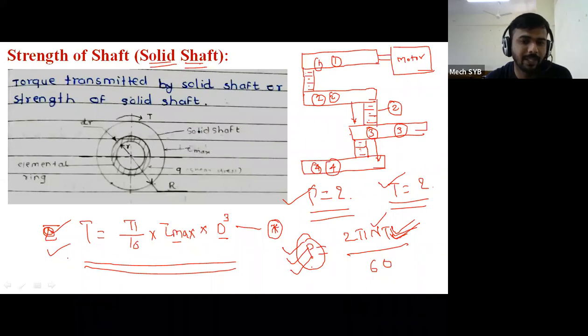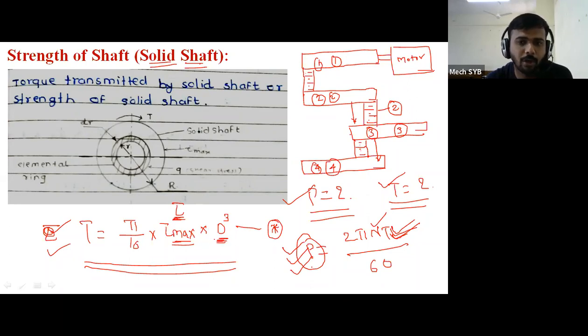Like that, variations of the answers will be given in the 4 options, but out of that we have to choose the correct option as pi by 16 into tau max. Sometimes this tau max is also represented by only tau. Tau max means maximum stress in the shaft. And into d cube, this is very important.